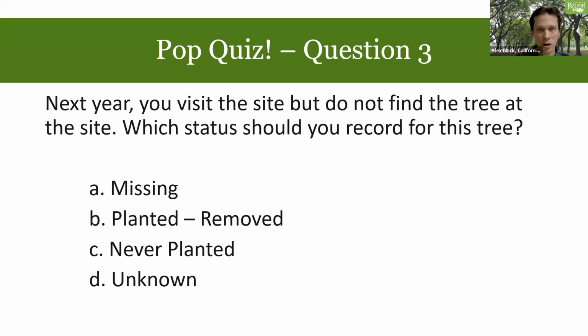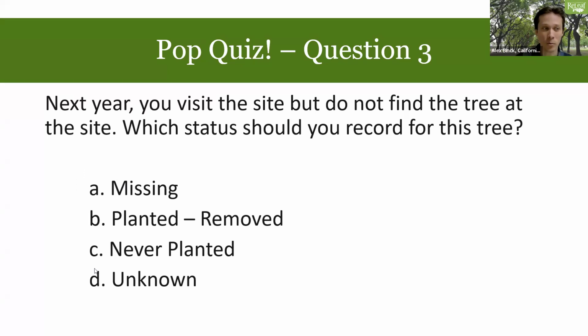Right, so this was the hard one, but again, it looks like most people got it. The correct answer is missing because we went to the site, we saw that it's not there, but we don't know why it's not there. And so again, that's what the missing status is for. If we don't know for sure if the tree was planted, but we just know that we gave it for this site, and it's not there now, we'll put missing.